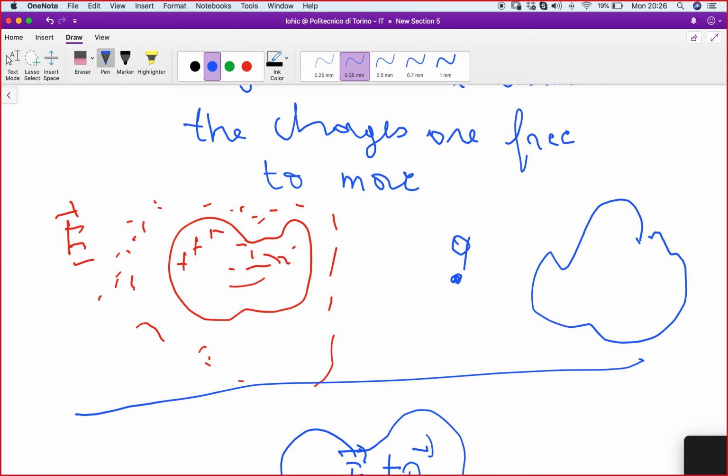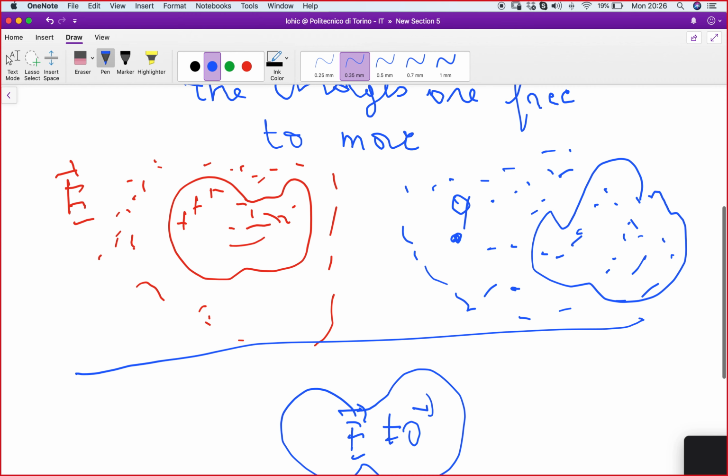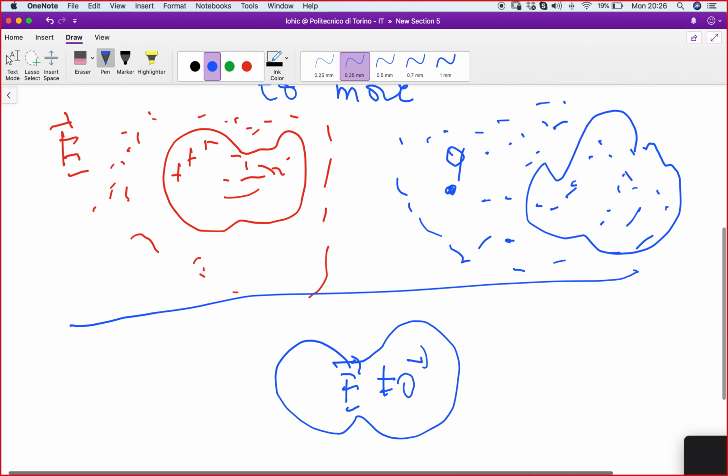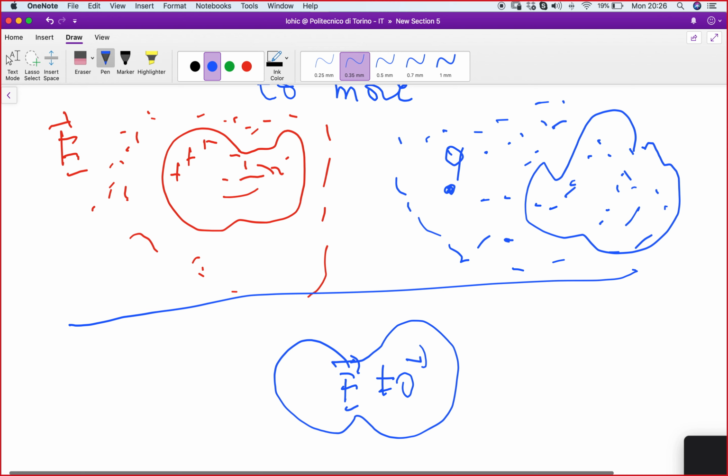This charge Q creates the field everywhere, even here. When I put a charge Q, it will create the field everywhere in space.